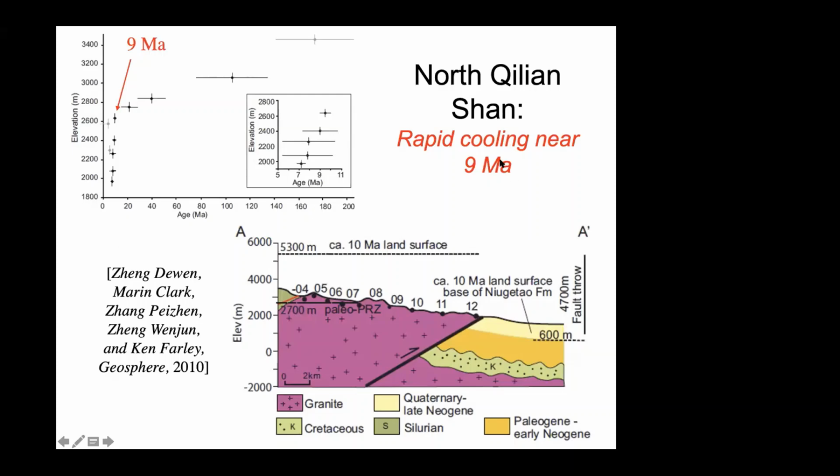This rapid cooling near 9 million years is consistent with thrust faulting beginning at that time and erosion then accelerating. It's the erosion, of course, that led to the cooling, but this rock didn't cool until it became high enough and accessible to rivers that would erode it, and that's 9 million years ago.